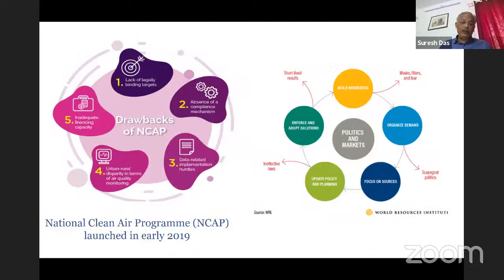Of course, there has been a national clean air program that has been launched. Substantial funding is available, but there are lacunae, such as the lack of legally binding targets. So how do we ensure this?